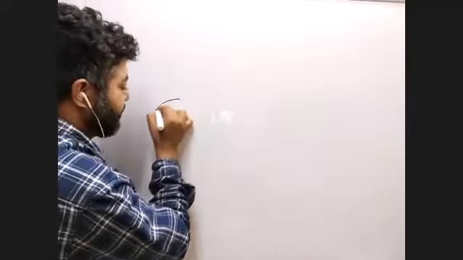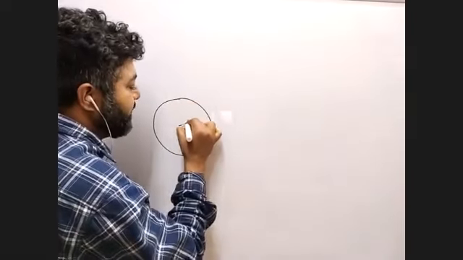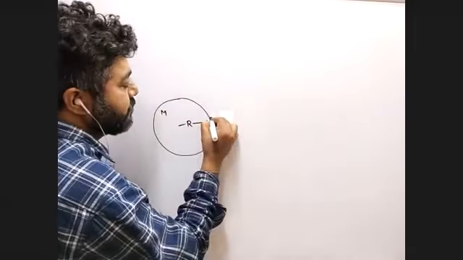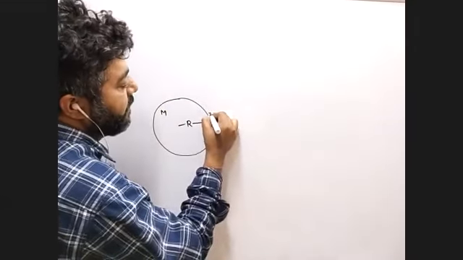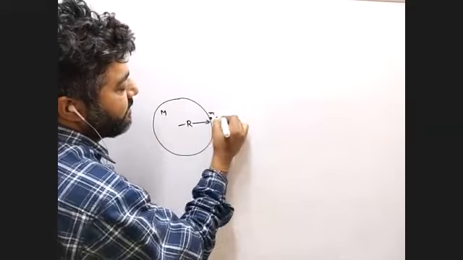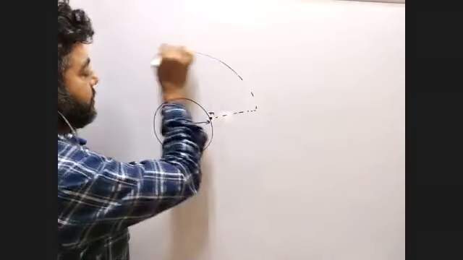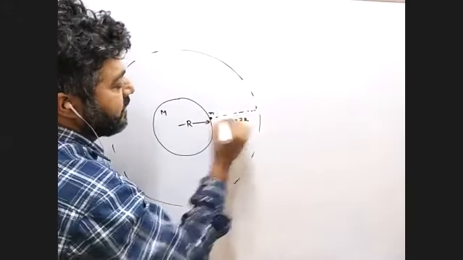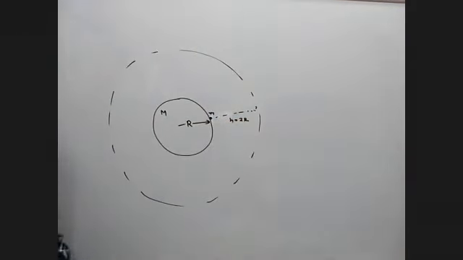What is the basic difference? Suppose this one is my earth, whose mass is M, and suppose you move a particle of mass m from the surface to a height h, where the height is 2r. So what is the work done by the process?